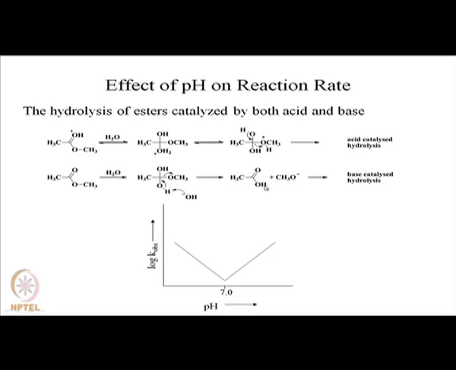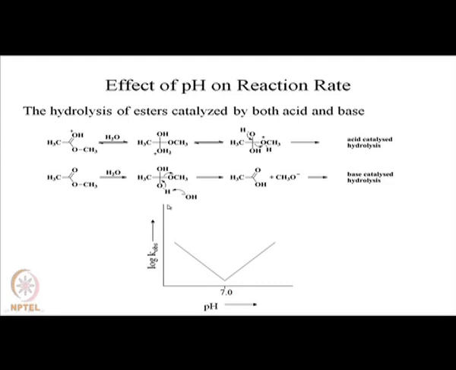Then in the presence of water, the equilibrium is shifted from CH3O minus to CH3OH and CH3COO minus. So, this is the base catalyzed hydrolysis.